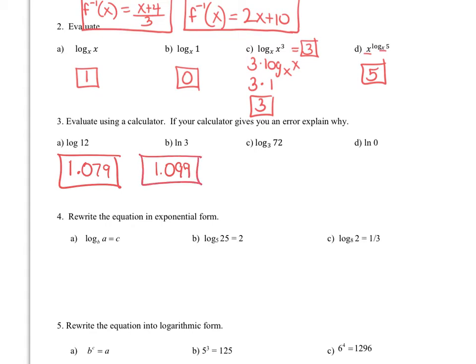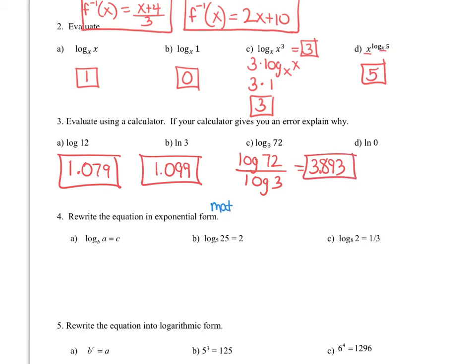For C, you either have to use the change of base formula, which means you're going to type in log of 72 over log of 3. Unless your calculator can do it for you, then you just type math alpha math, which brings up the log button. You put in the 3 and the 72, and it will give you your answer. This change of base formula is only if when you do math alpha math, nothing comes up.